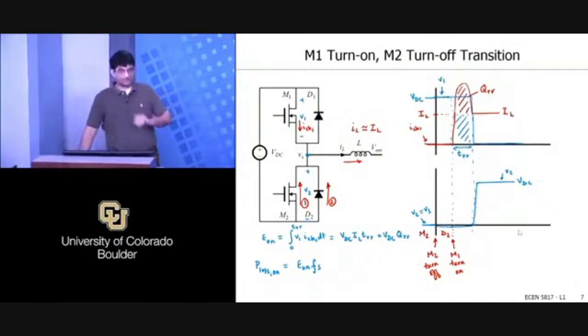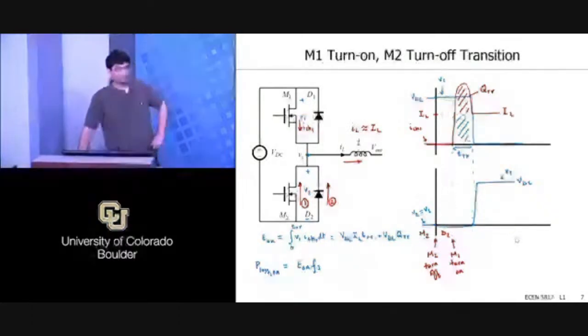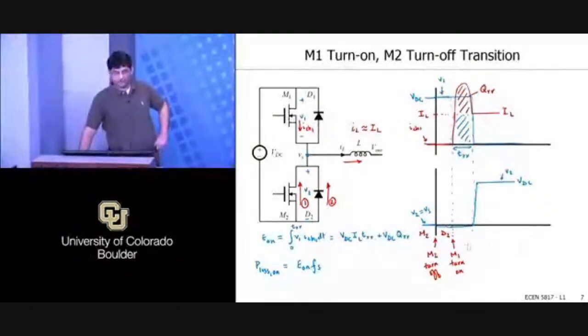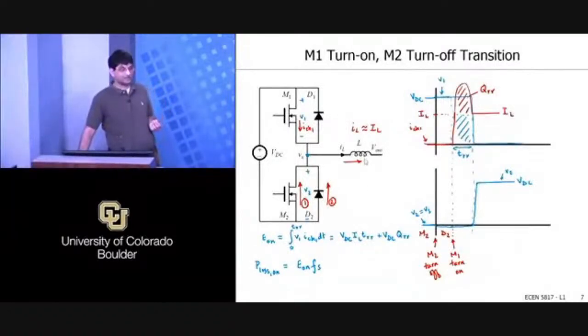So I'm not going to plot that, because I'm going to give that to you as a homework problem. But you can see what the diode current would be, because the diode current plus this current has to add up to the inductor current, right? So I won't spend time. But there's going to be some small loss in the diode, but most of the loss is essentially, in this case, in M1, right?